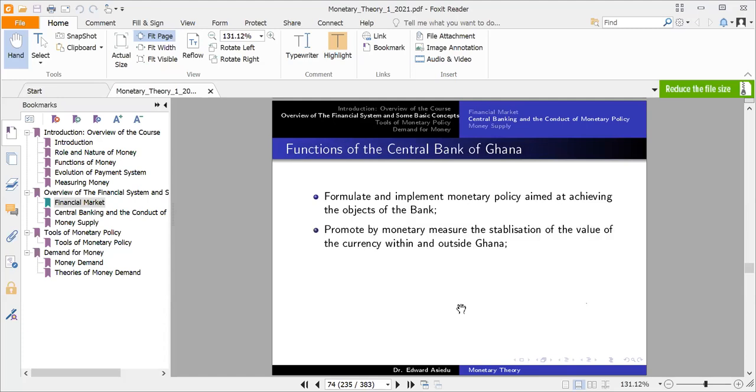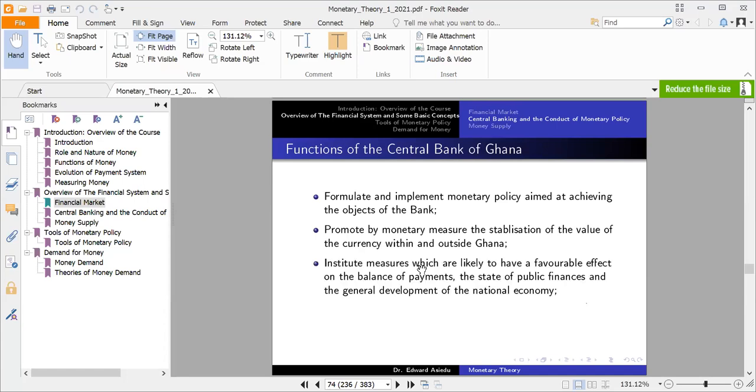These are a bunch of functions of the central bank: formulate and implement monetary policy aimed at achieving the objective of the bank, promote monetary stability of the value of the currency. So they have to manage reserves so that the country's currency is stable.